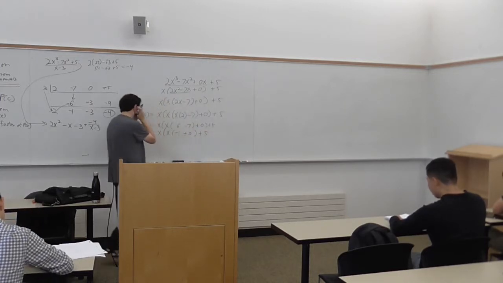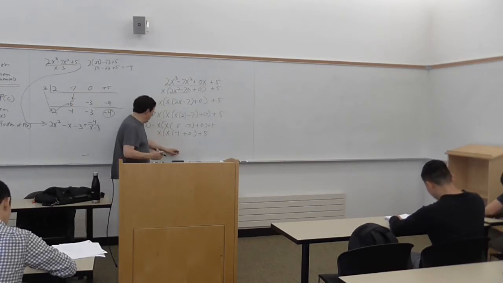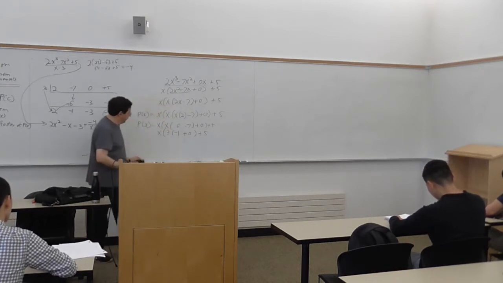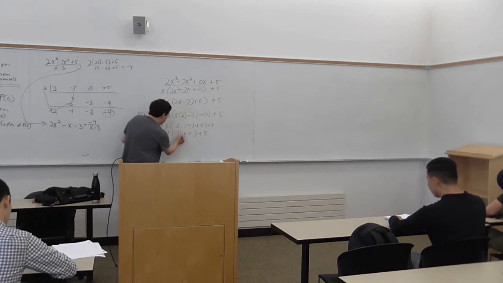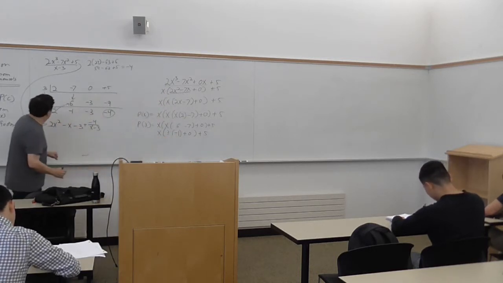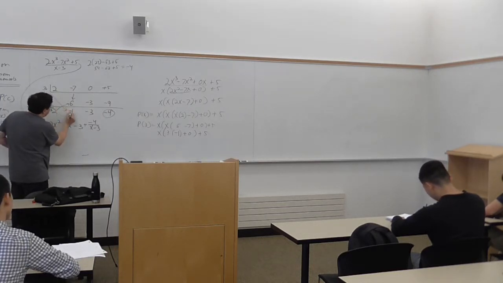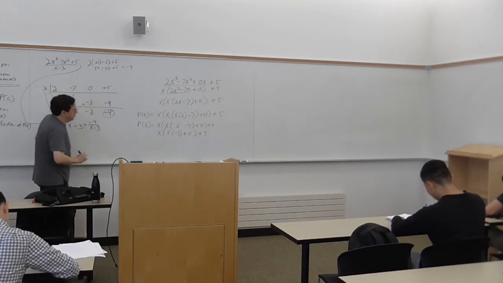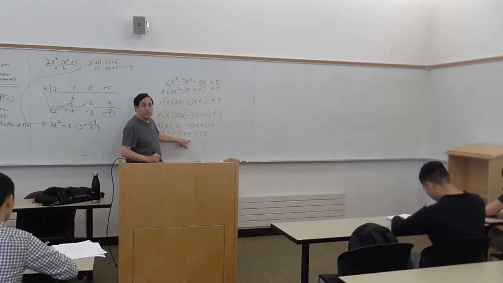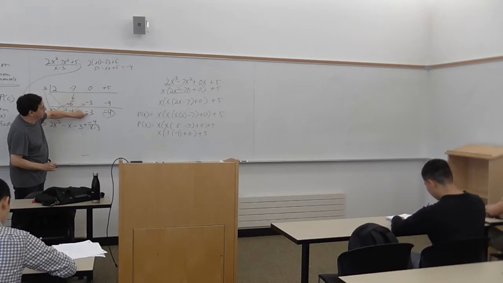Okay, what happens next? Well, now I'm going to plug 3 in again here, because I have to replace all these x's with 3's. So I'm going to multiply 3 by minus 1. 3 times minus 1, and I get minus 3. And then I'm going to add 0. 0 minus 3.